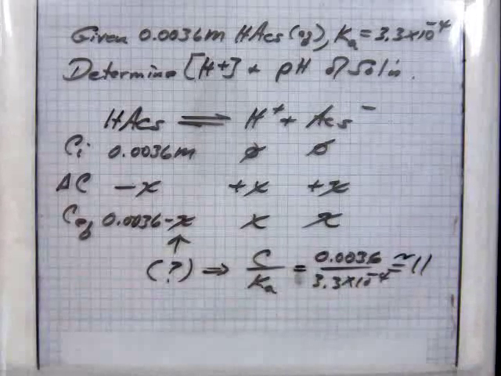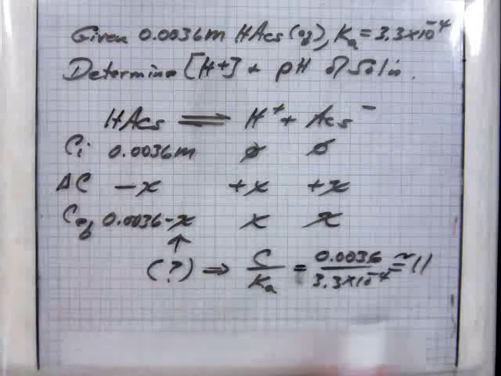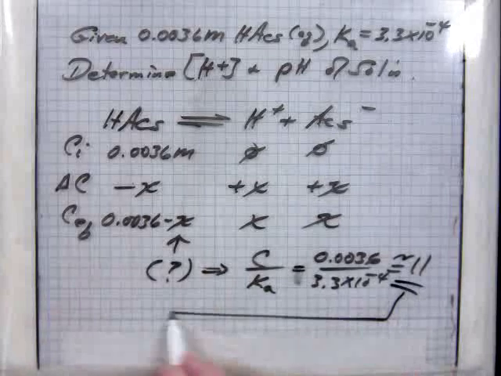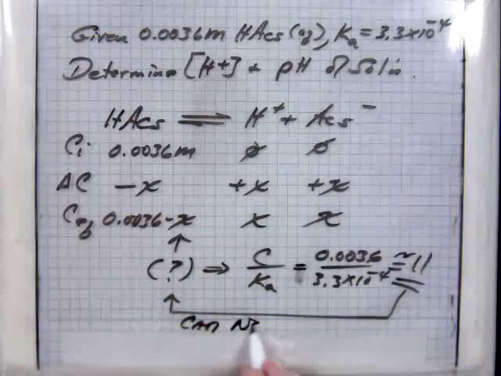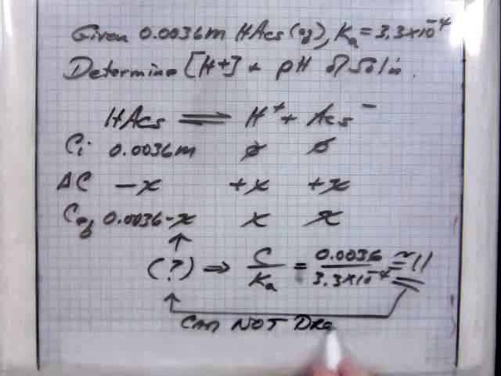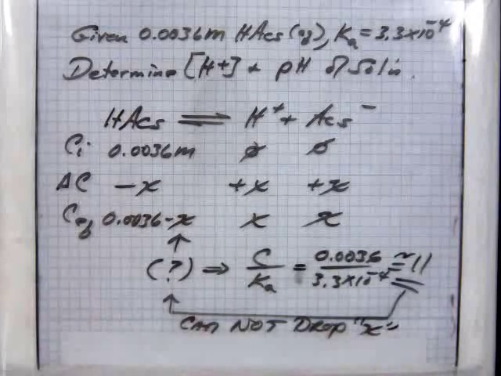Well, what does that mean? Well, it's less than 100 to start with. So, because of this, we cannot drop x in the equilibrium row.